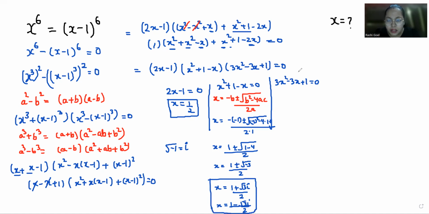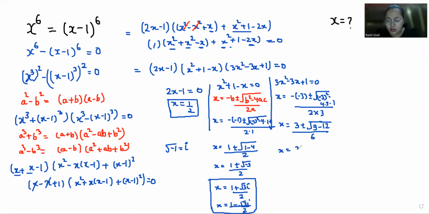Now we are going to apply the same formula here. So x is equal to negative of negative 3 plus minus under root (negative 3) square minus 4 times 3 times 1, by 2 times 3. So x is equal to 3 plus minus under root 9 minus 12 by 6.